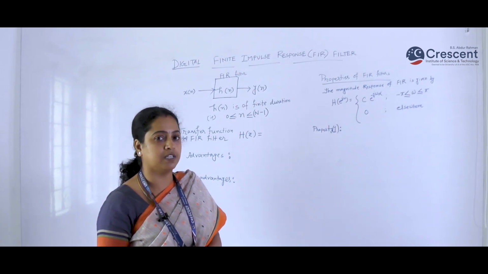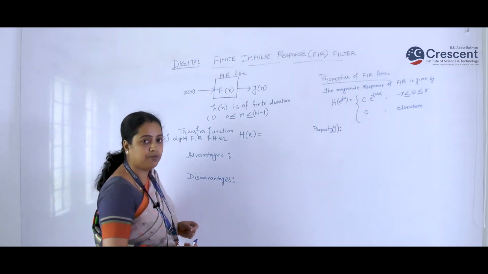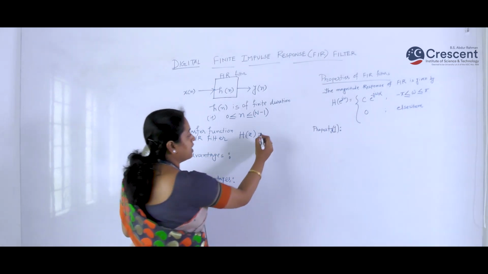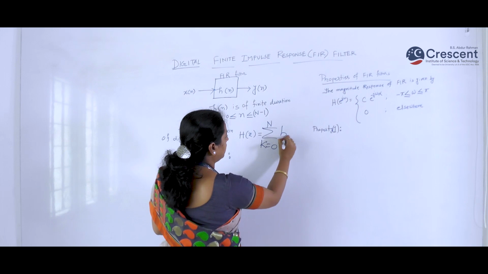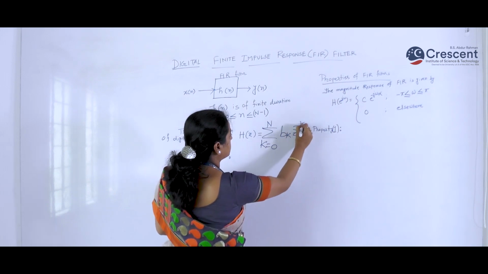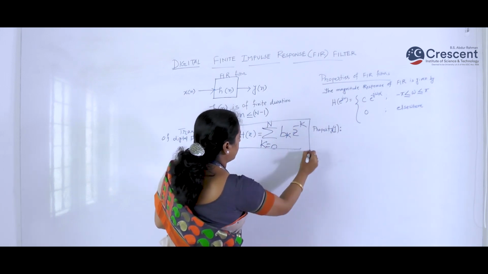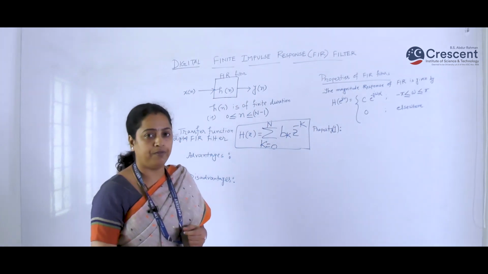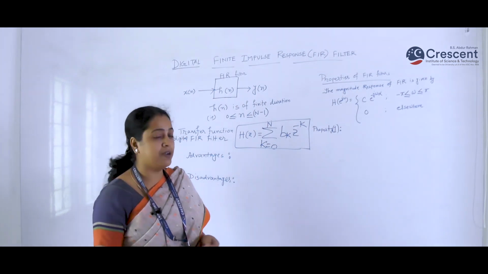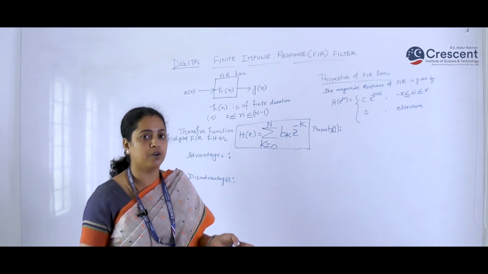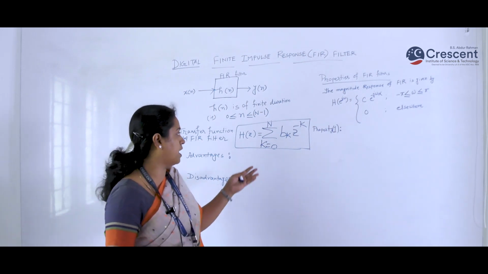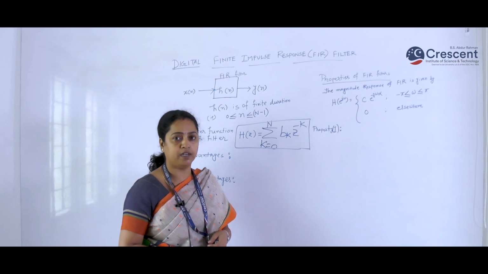The FIR filter transfer function, as we have already seen, is the sum over k from 0 to N of b_k z^-k. Here the output of the FIR filter depends only on the present input as well as past inputs, but not on past outputs, and because of that FIR filters are non-recursive.